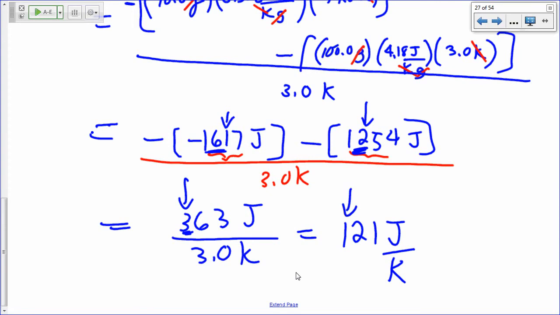But usually when you determine the calorimeter constant, you're going to be using it for further calculations. The calorimeter constant is just a way for you to calibrate your calorimeter. So once you've calibrated it, you can use it to determine the heat capacity of an unknown substance. What we're doing here when we're determining the calorimeter constant is we're calibrating our calorimeter. We're checking it out using known quantities.